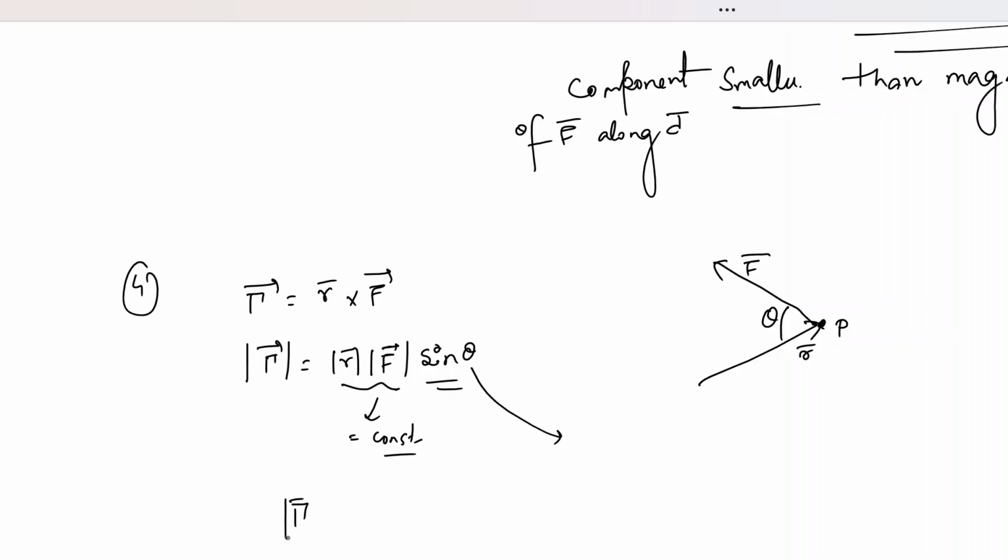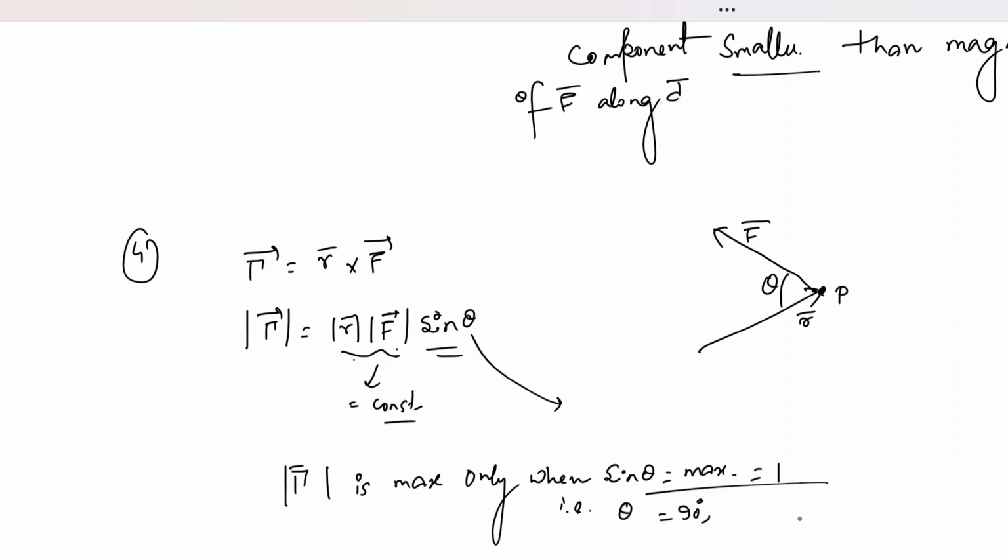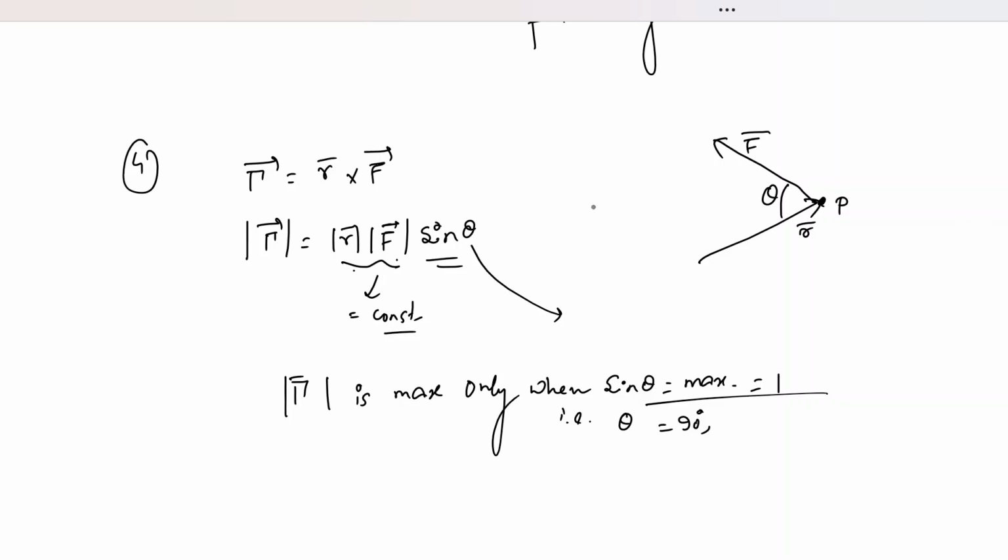So the tau modulus value is maximum, given that R and F are constant and unchanged, only when sine theta is maximum, and sine theta is maximum at theta equal to 90 degrees. Sine theta maximum value is 1. That means your first condition to get maximum torque is that this angle has to be 90 degrees.